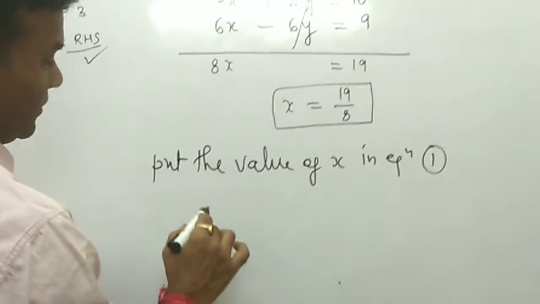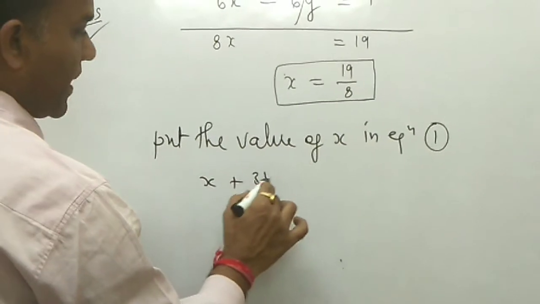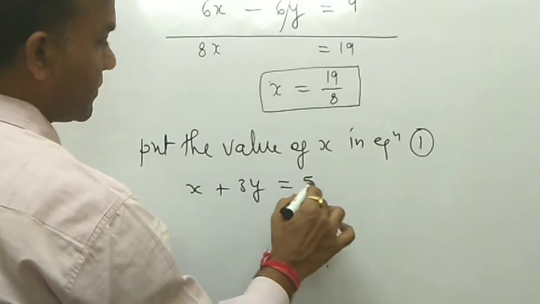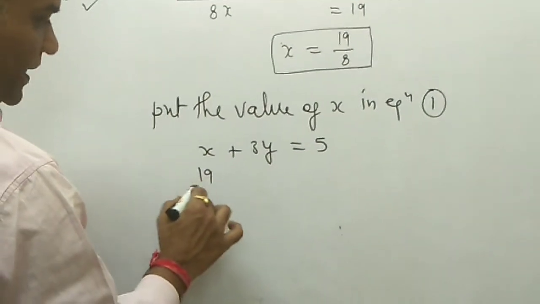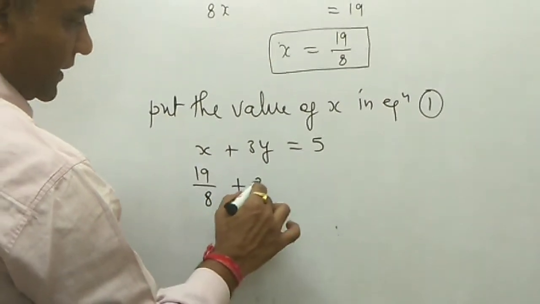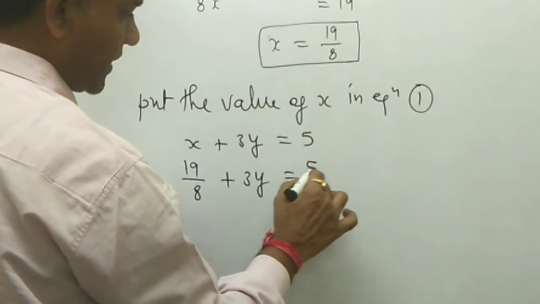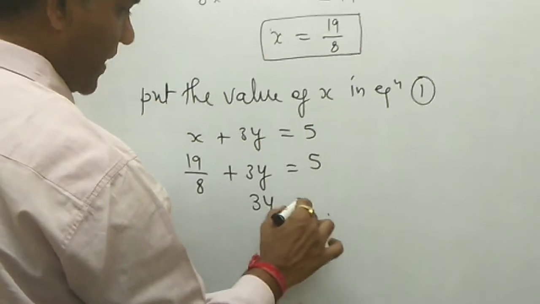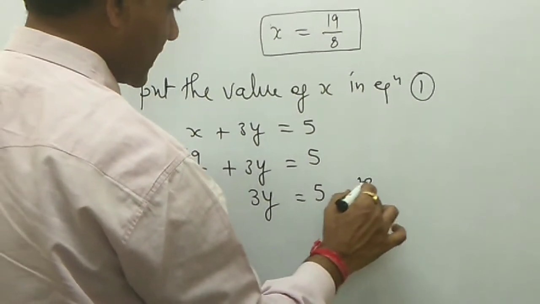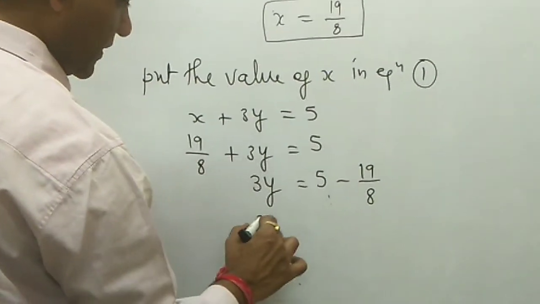Okay, so we have like x plus 3y equal to 5 is here. So you put 19 by 8 in place of x, 3y you put as it is, and 5. So 3y equal to 5 minus 19 by 8.